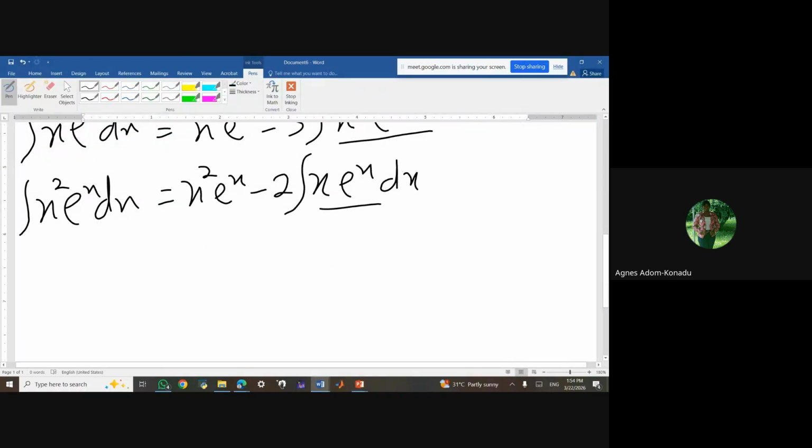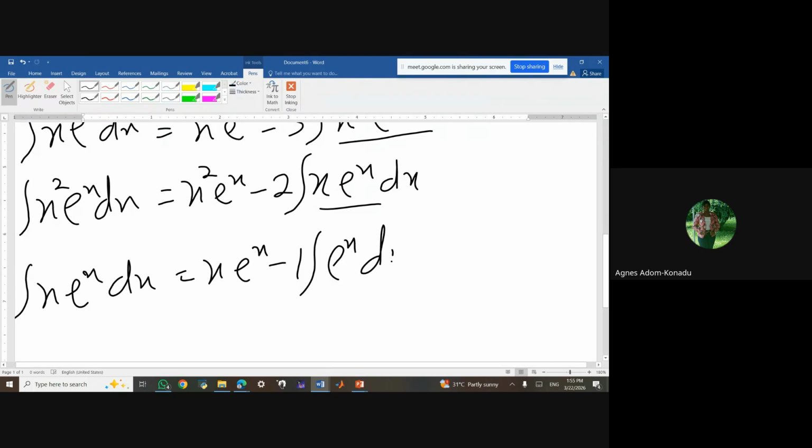So we'll come here, then we'll have integral of x e to the power x dx, which will be x e to the power x minus, here our n is 1, integral of x to the power 1 minus 1 is 0, is x to the power 0, which is 1. So I have e to the power x dx. So this is the same as x e to the power x minus integral of this, which is e to the power x plus c.